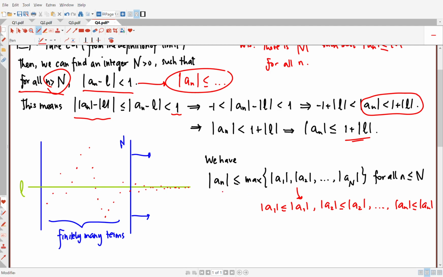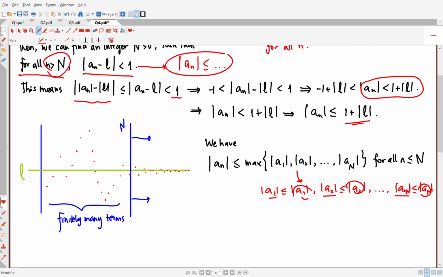If I want a value that is bigger than or equal to all of these values, I can just simply take the maximum of these.